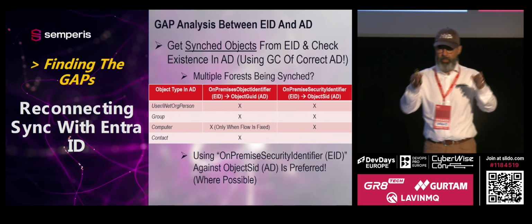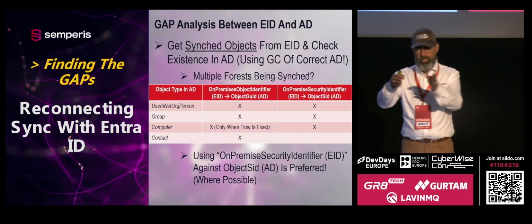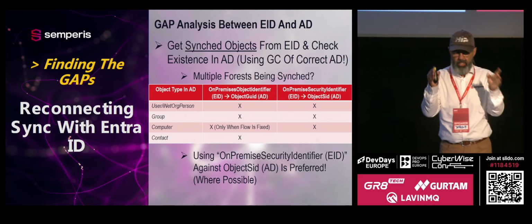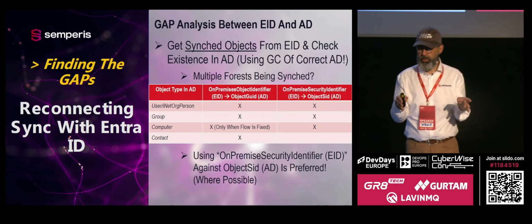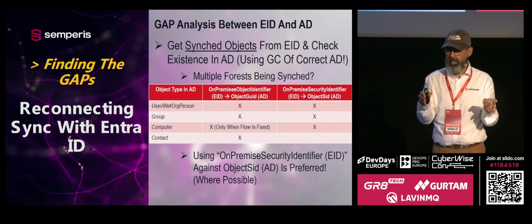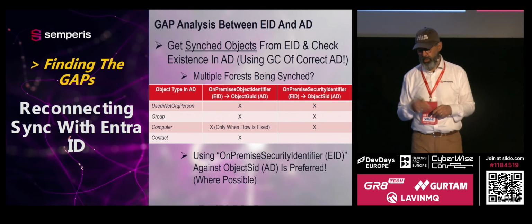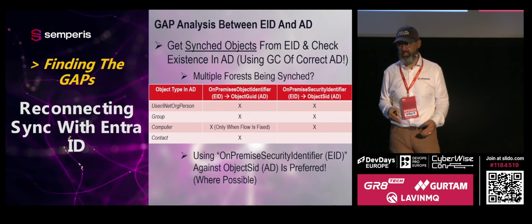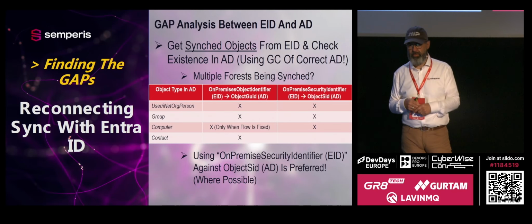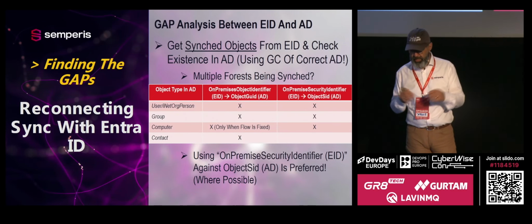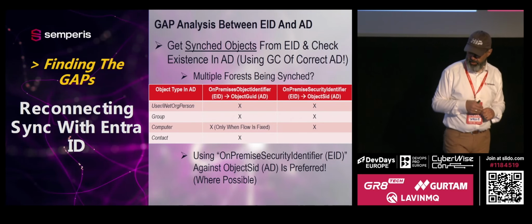It contains the domain part and the object part, the RID, the relative identifier. The domain part tells you in which domain the object should exist or be recreated. There's only one exception: contacts don't have a SID. So you still have to use the GUID in that case, because there's really nothing else that you can use.